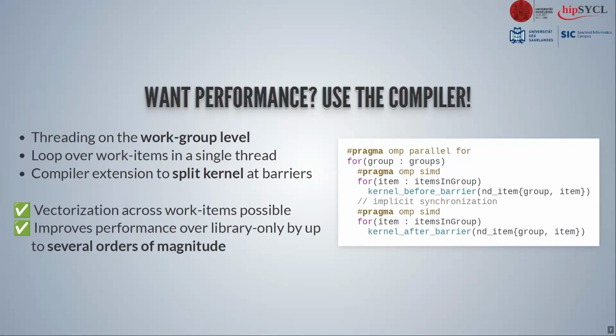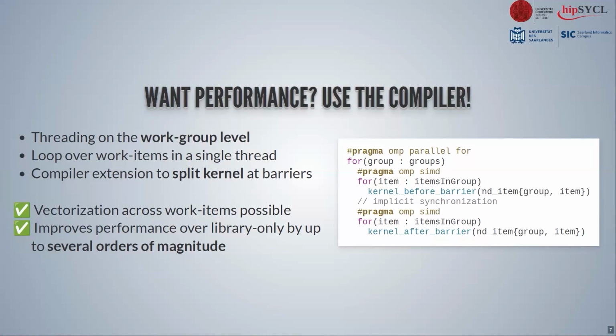Well, again, as with the fibers, we perform threading on the workgroup level and not on the work item level. And then we just loop over all the work items in this single thread. But as I said earlier, we need forward progress. So we can't just do this without any changes. So what we do is we actually split the kernel at all the barriers and only loop over the barrier-free parts.